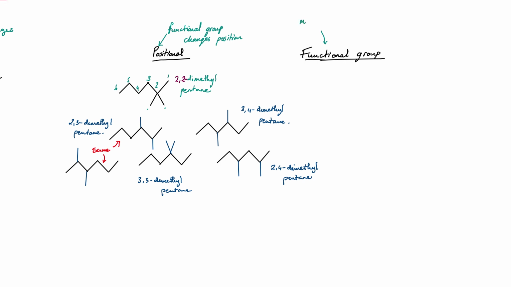So moving atoms around the molecule causes it to have different functional groups. So again, ask yourself what's changing. Same molecular formula, different functional group, so it's got to be a functional group isomer.